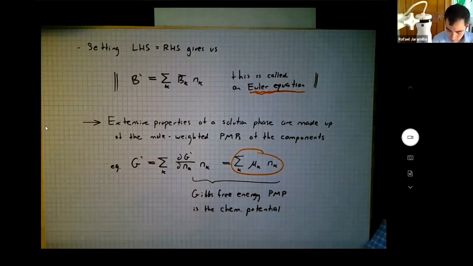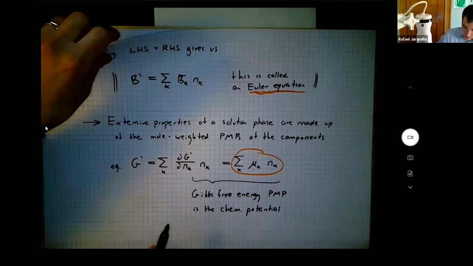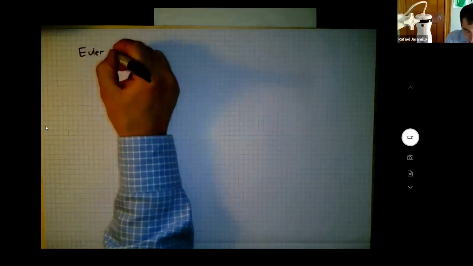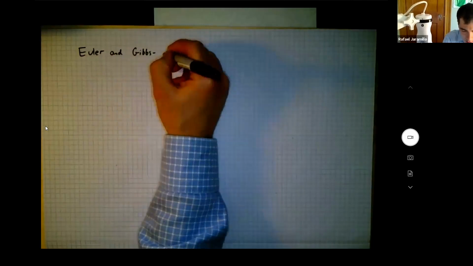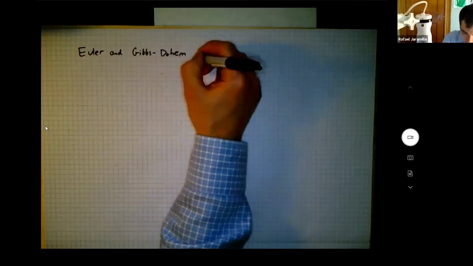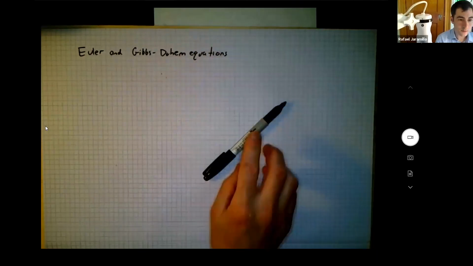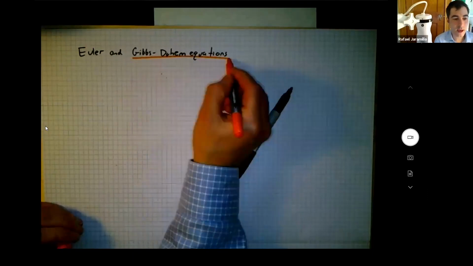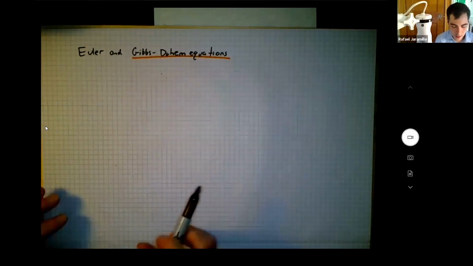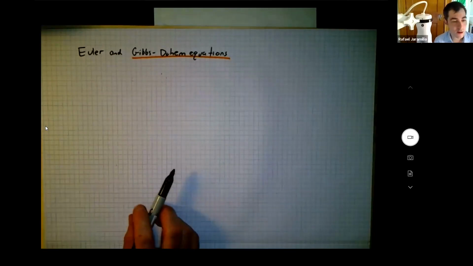Okay. Unfortunately, we have to continue with more equations. So what we're doing here is we're building up to these useful expressions, which you will use on the homework, for instance, without necessarily knowing where they come from.